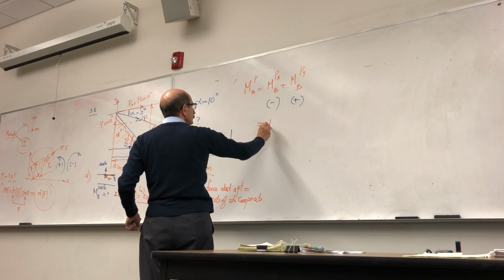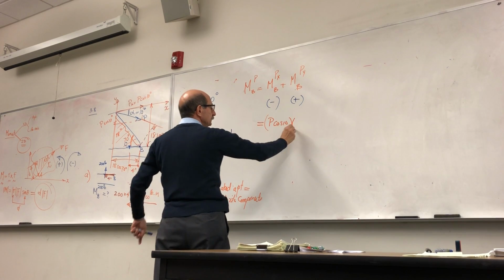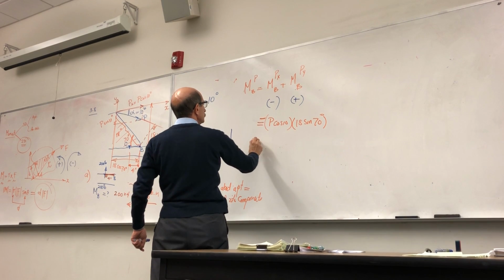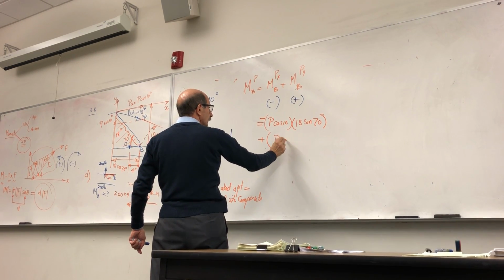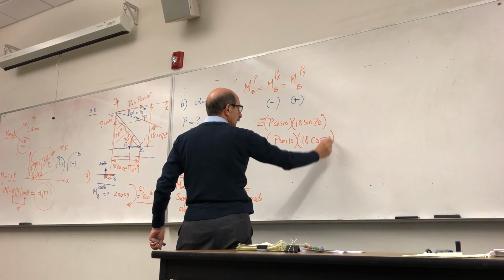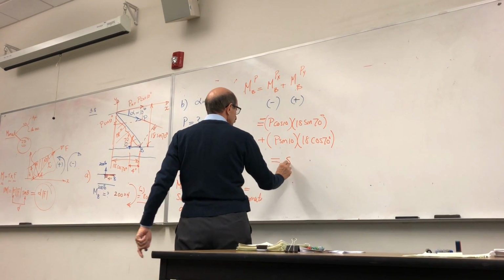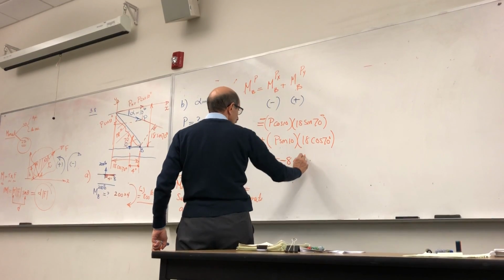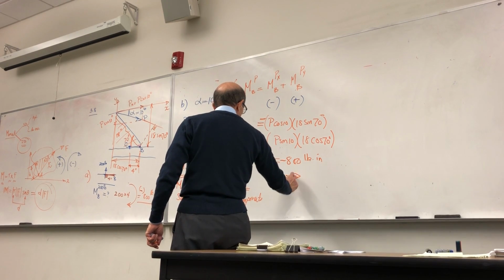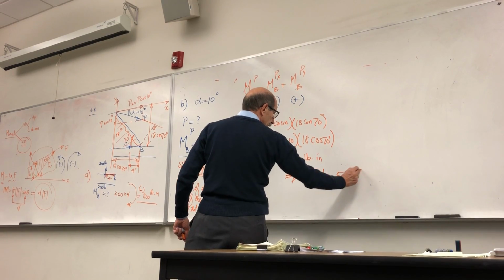So you have P cosine 10 times 18 sine 70, obviously negative, plus P sine 10 times 18 cosine of 70, and add them up. These should be equal to negative 800 pound-inch. So from here, you find P comes out to be 51.3 pounds.